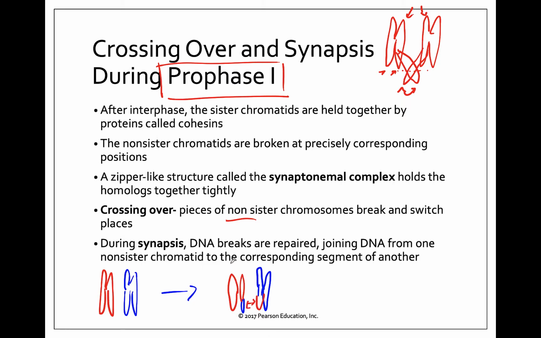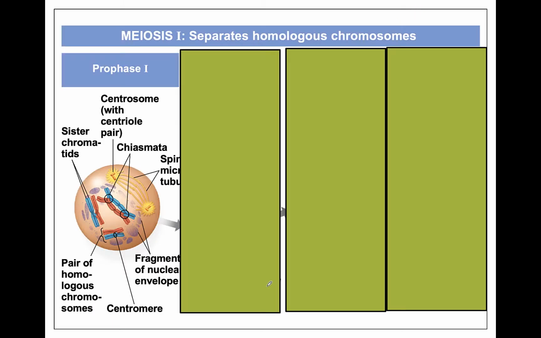And so now we have a sister chromatid that's purely from mom, a sister chromatid that's got mom and a piece of dad, a sister chromatid that's mostly dad with a piece of mom, and a sister chromatid that's completely from dad. So all four of these are going to create different versions of this chromosome in the ultimate daughter cells.